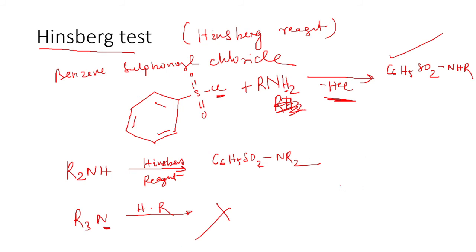Let me rub this out and I'll make you understand again. What we got when we reacted a primary amine with Hinsberg reagent was C6H5SO2NHR.